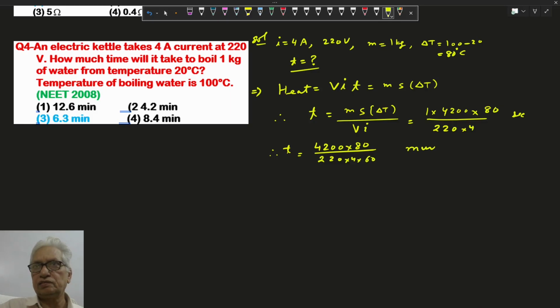Here, both zeros can be cancelled out, and t will be 70 by 11, which is 6.3 minutes, the time. Option 3.